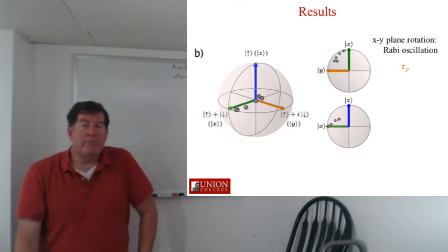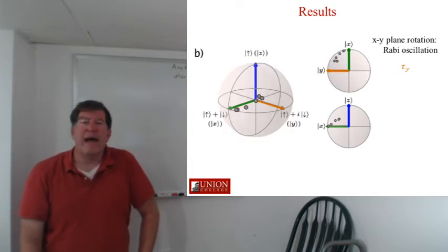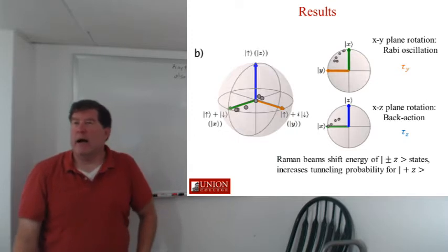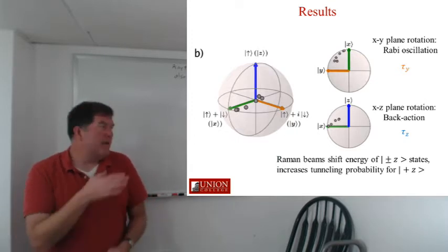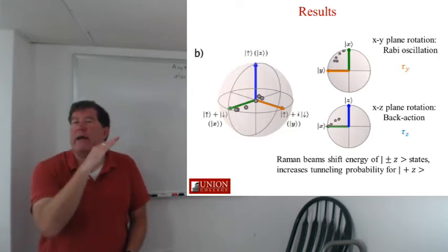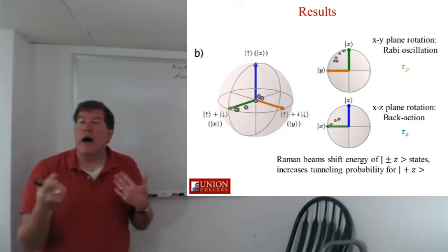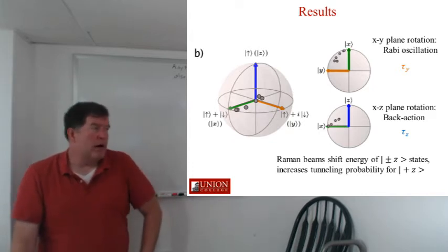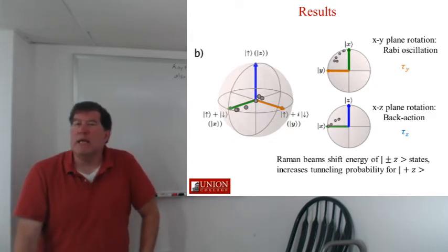They get a time from that. They also have this projection in the XZ plane, and from that, they can get an angle change there. That's the change of the polar angle instead of the azimuthal angle. From that, they can get a time there that they call tau_z.